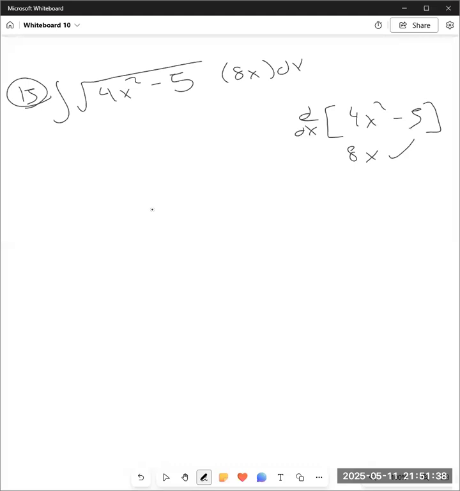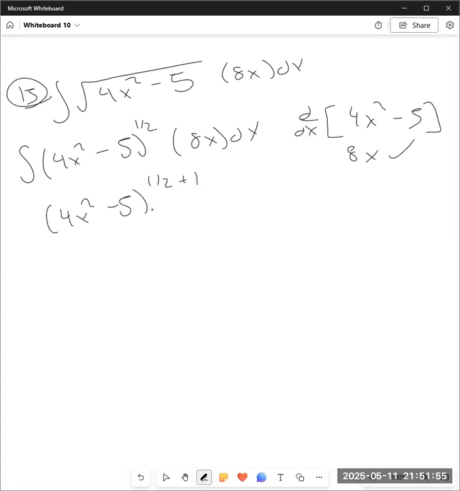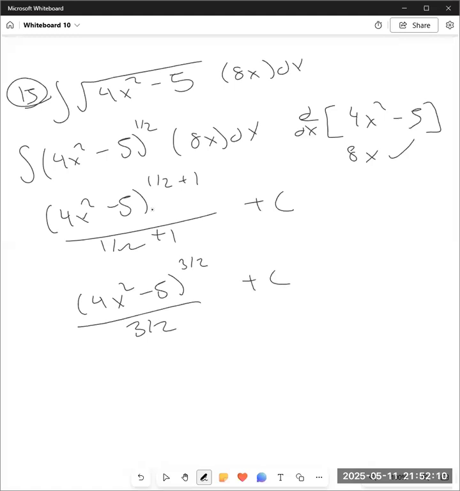So this is the same thing as 4x squared minus 5 to the 1/2 power times 8x dx. So this is going to be 4x squared minus 5 to the 1/2 plus 1 over 1/2 plus 1 plus c. We've done this before, that 1/2 plus 1 is 3/2, and dividing by 3/2 is the same thing as multiplying by 2/3.